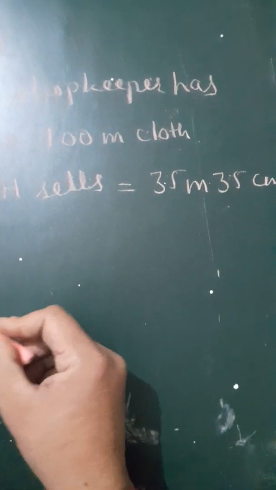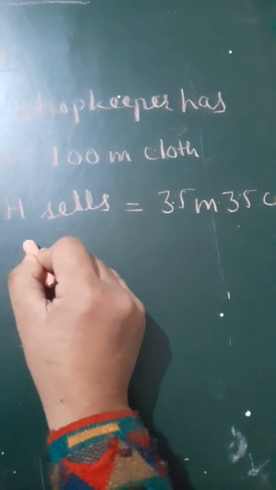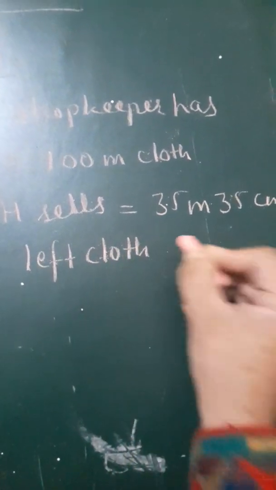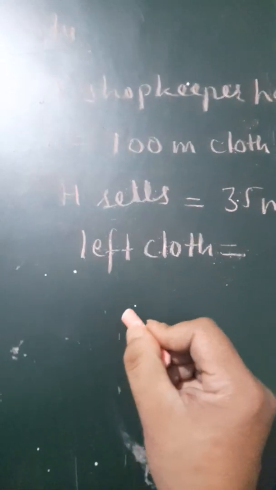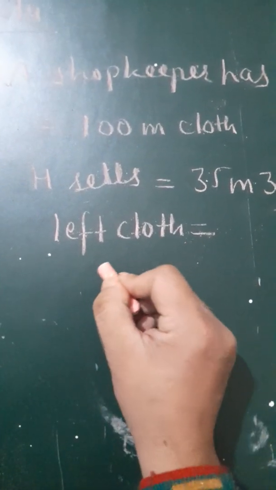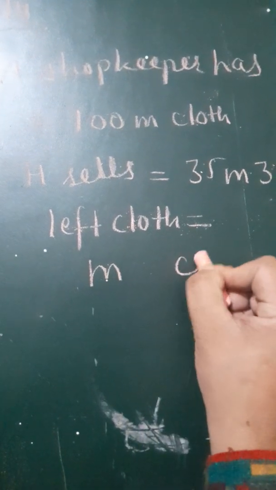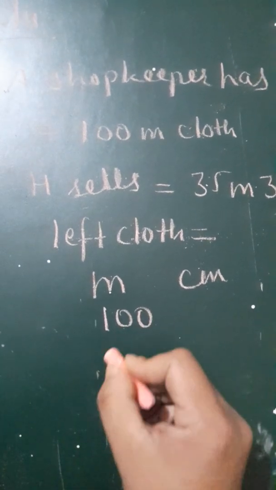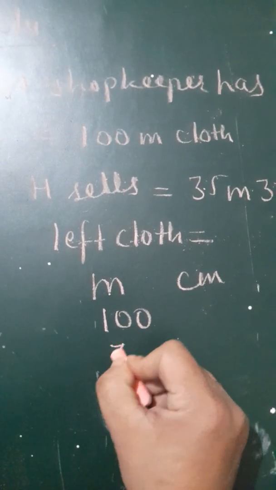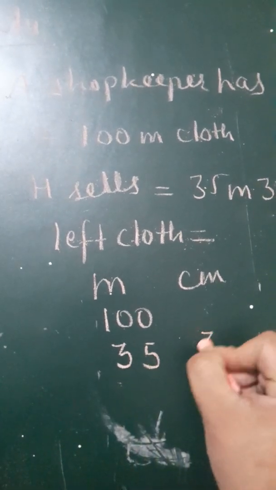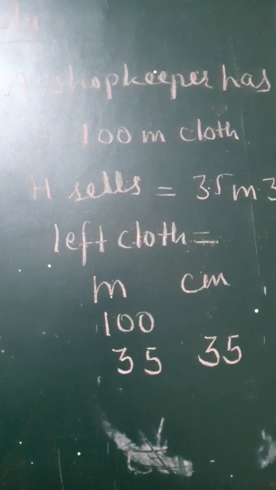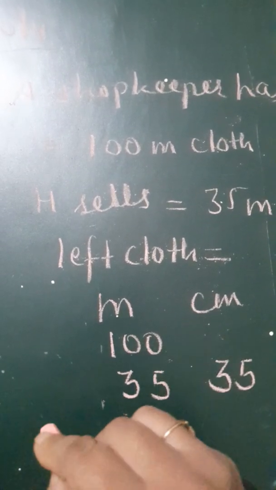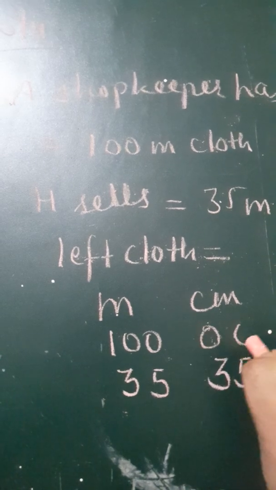Fine. So we have to find out the left cloth is equal to, we'll write the numbers in the column of meter and centimeter. So first we have 100 and here in centimeter we have nothing. Second 35 and in the place of centimeter again 35. In 100 meter we have 0 centimeter. So we'll write here 0.